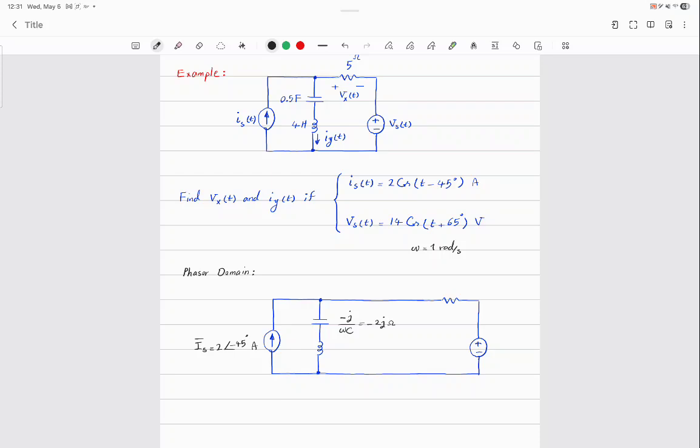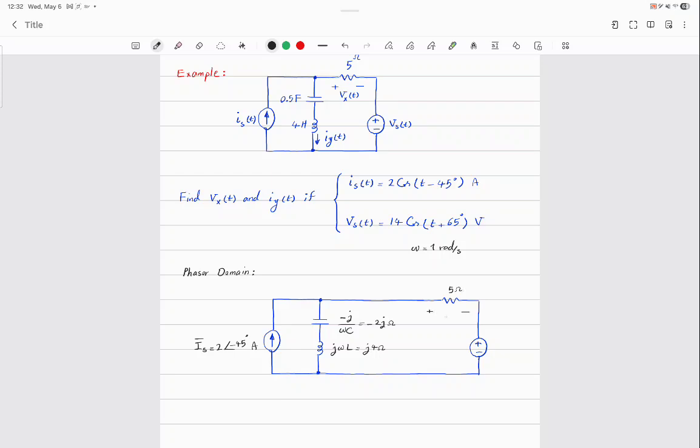Next, the inductor. Don't say W. J omega L is equal to, omega is 1, L is 4, so j4 ohms. I'm going to write this one myself because it's easy. 5 ohm.